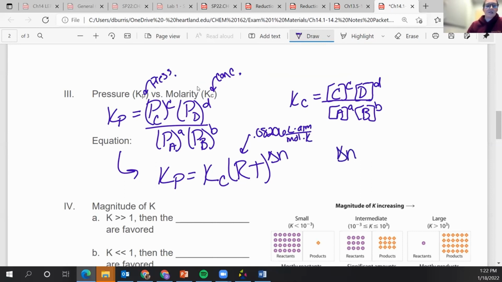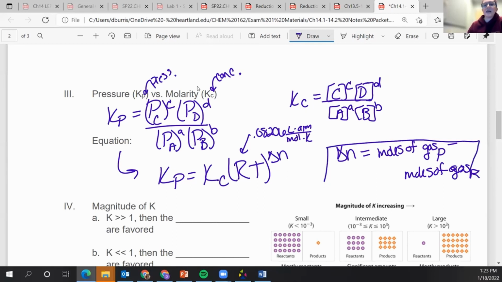And then I've got to tell you what delta n is. Delta means change in moles, right? And this is actually the moles of gas in the products minus the moles of gas in the reactants.